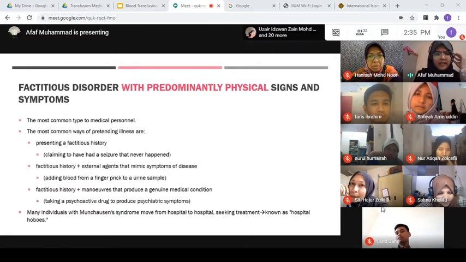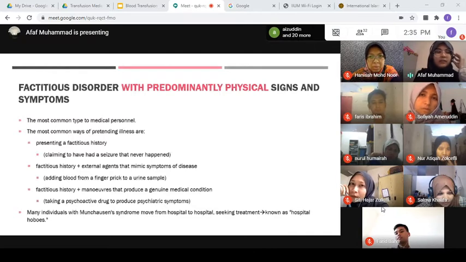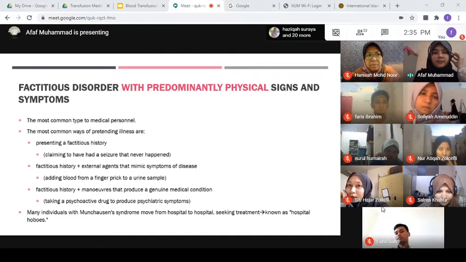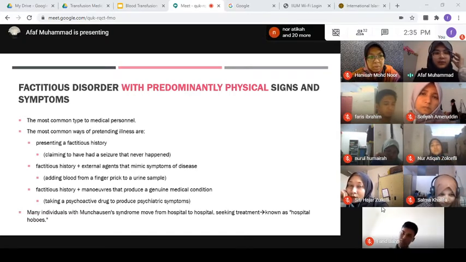Or sometimes they can actually take psychoactive drugs because they want to induce psychiatric symptoms. So these kinds of individuals are prone to seek different hospitals. They go from different hospitals to actually falsify their symptoms.